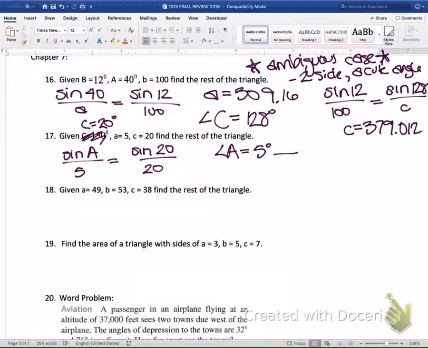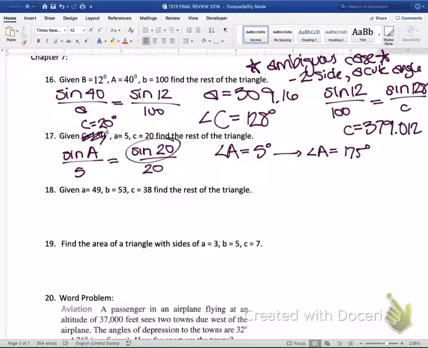You have to check for another possibility for angle A. How do you find that other possibility? Subtract it from 180. Now, quite frequently it doesn't actually work, which is in this case. Can angle A be 175 degrees? No, why not? Okay, it's the smaller side.